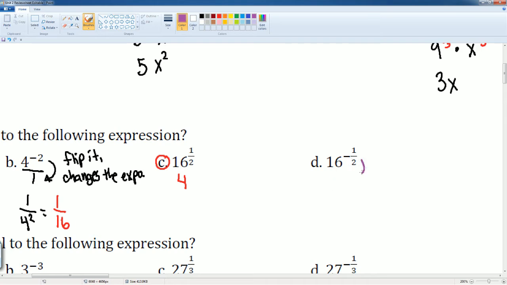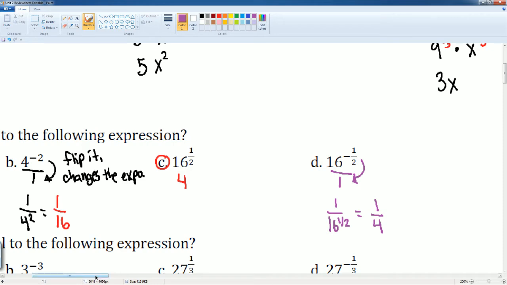So make sure you bring it down of the fraction to turn it into 1 over 16 to the 1/2 power, which is going to be equal to 1 over 4. So make sure you're able to make it into a positive exponent first, then simplify.